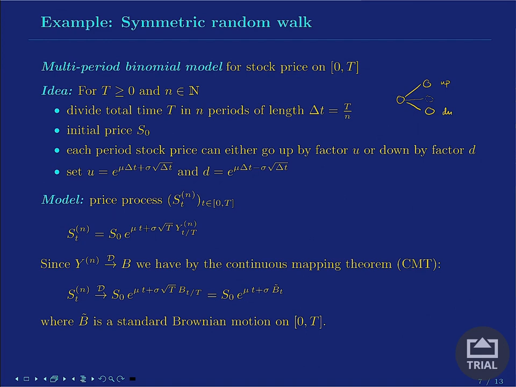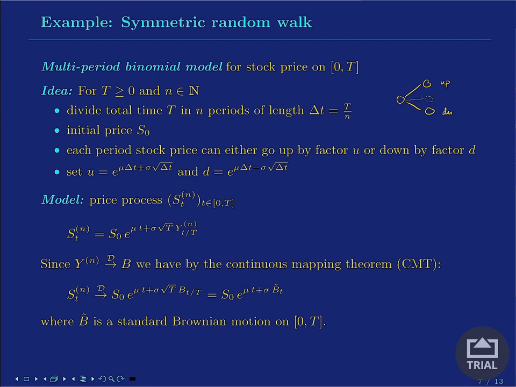So actually, as today we have risk-free rates about 0, we can really speak of an up and a down. And one particular scenario would be a parametrization where u equals the exponential function of mu delta t plus sigma square root delta t, where sigma stands for the volatility of the stock price and mu for the growth rate.